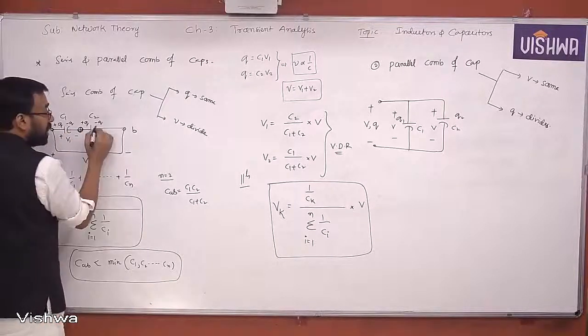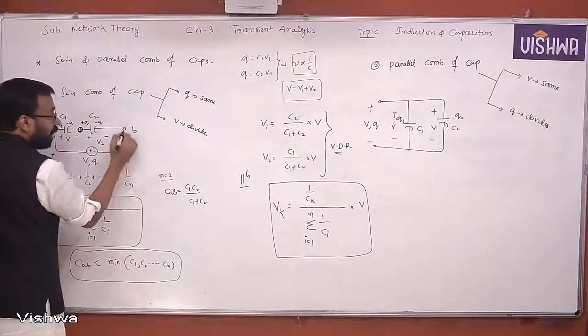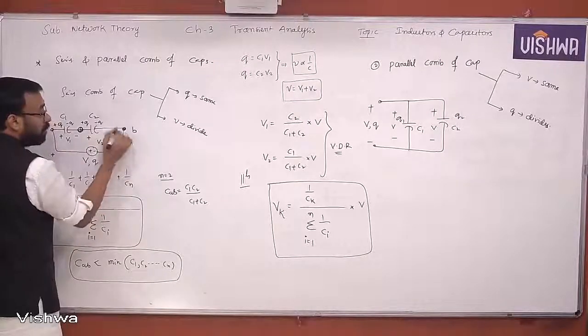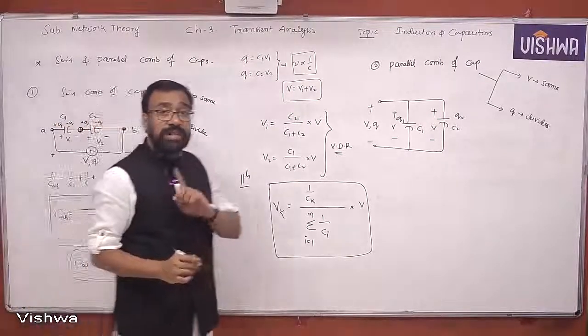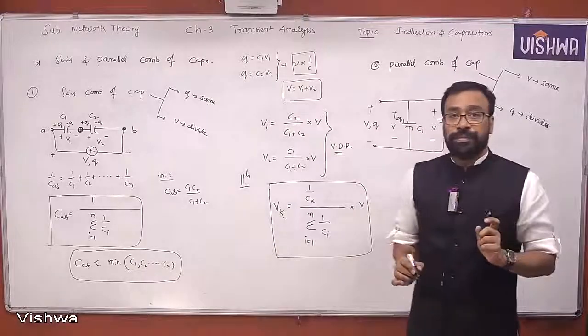Similarly, this is absorbed and this is supplying, and at this node the net charge becomes 0. At every node the charge must be conserved. It's very, very important.